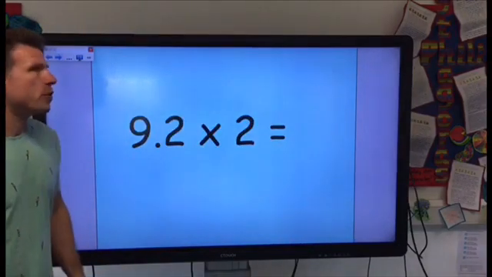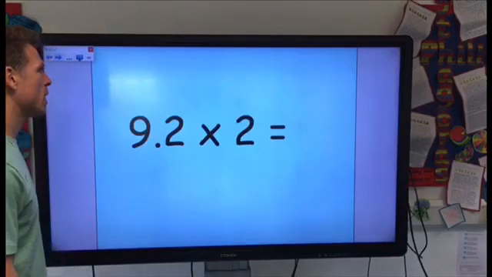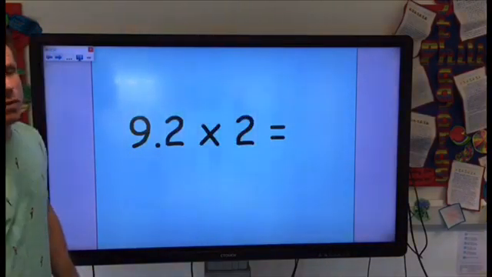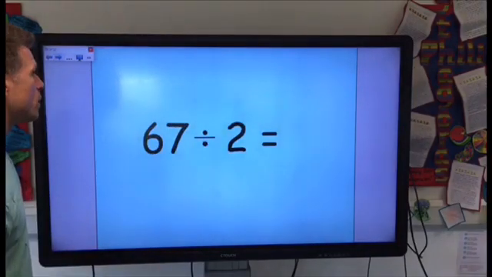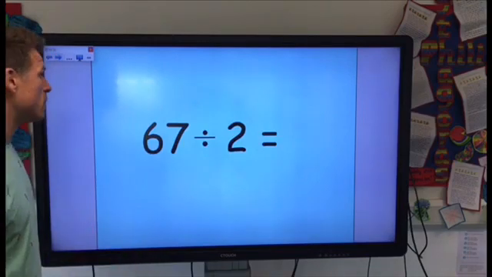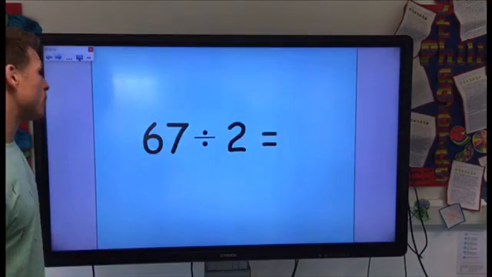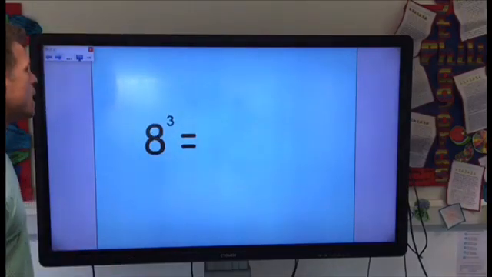9.2 times 2. 18.4. 67 divided by 2. So think about partitioning it, half of 60, half of 7. I make that to be 33.5. And 8 cubed.